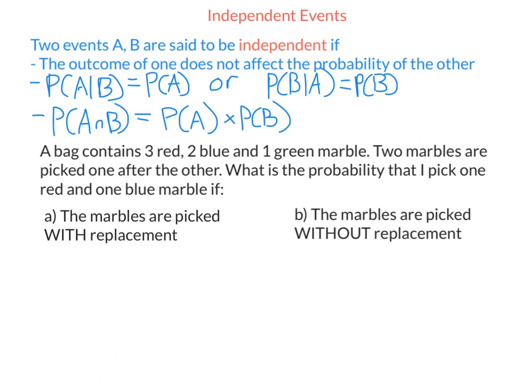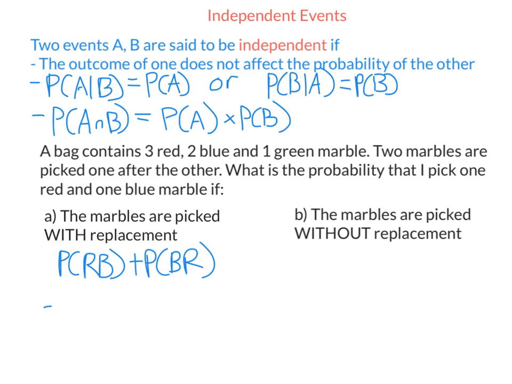So let's look at this one here. I want the probability that I pick one red and one blue marble. So I could pick a red marble first and then a blue marble, or I could pick a blue marble, then a red marble. These two events are mutually exclusive, so to find the probability this or this happens, I just add together their probabilities.